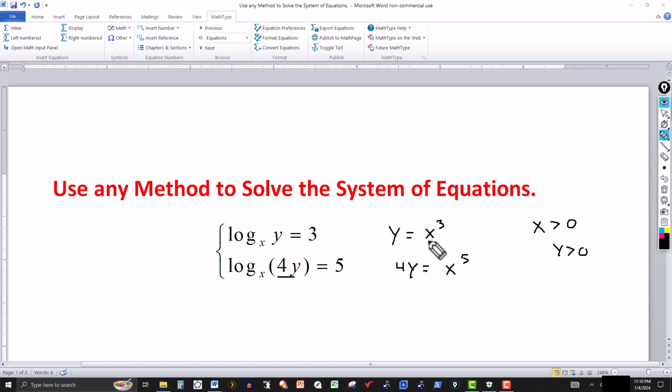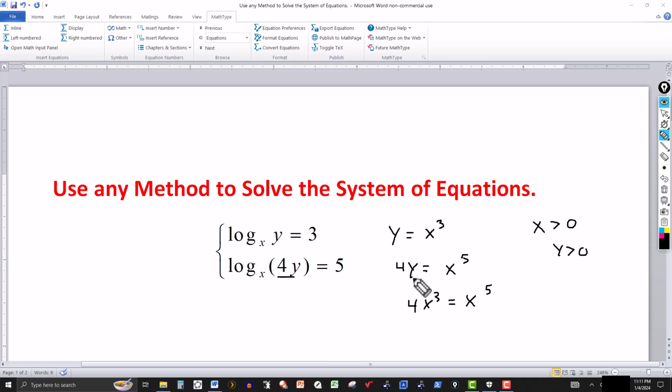So let's use a substitution here. Y is equal to x to the third, so let's plug x to the third into the second equation. So this will be 4, and then instead of the y, I'm going to put x to the third, which should equal x to the fifth. So making that substitution, now I have a single equation with one variable, in this case x.